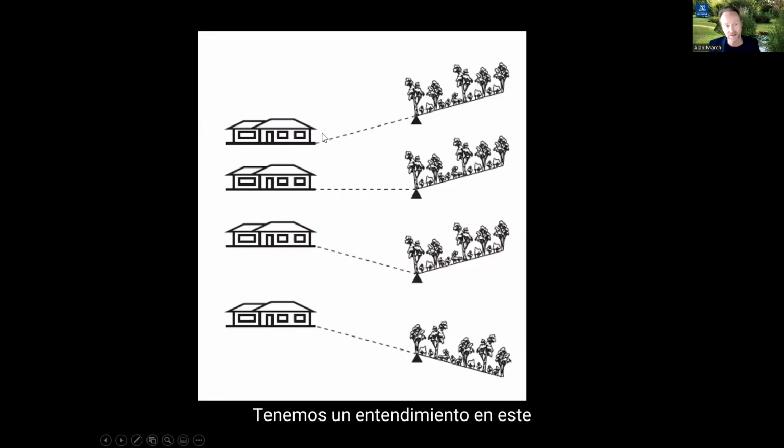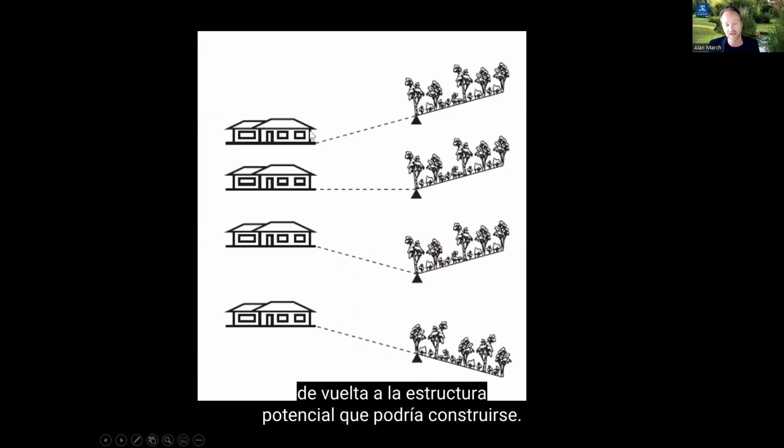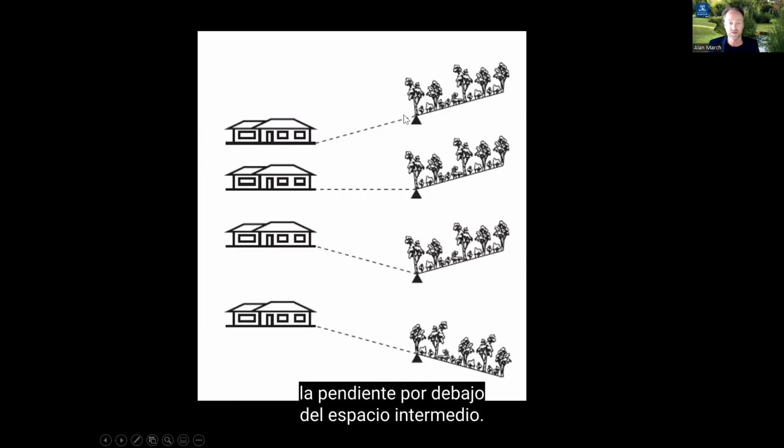We have an understanding in this simplified method that we measure the slopes as if we've got our back to the potential structure that might be built, and we would call that an upslope. And in this simplified method, we ignore the slope underneath the space between, and we're only working out the slope under the vegetation that is being considered, because that's going to influence the behaviour of a fire if it were to approach this structure.